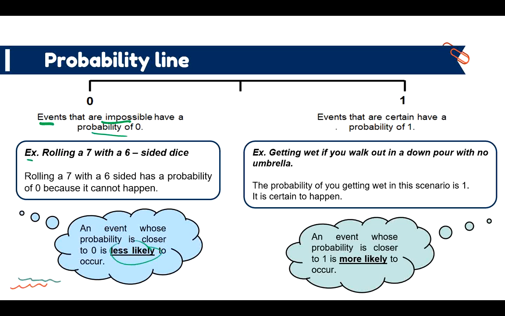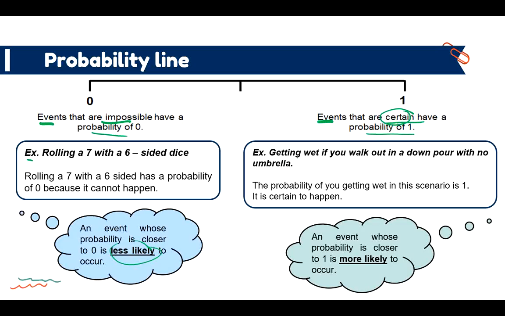On the other side, events that are certain have a probability of 1. If you still remember the sure event, di ba? Ang definition natin ng sure event, kapag pinag-add natin lahat ng probability of the corresponding outcomes, it will equal 1. Pag sinabi nating certain, it will always happen kasi a sure event yon.